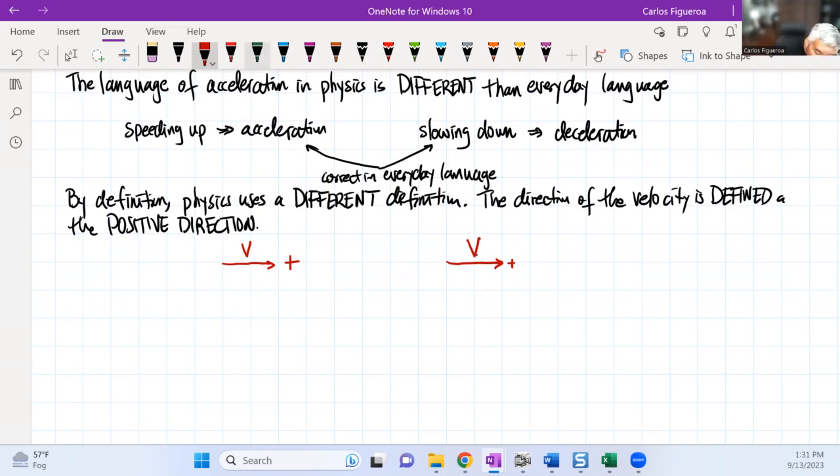So relative to the velocity, if our acceleration points in the direction of the velocity, you can clearly see that this means positive acceleration. And that means that you are speeding up.